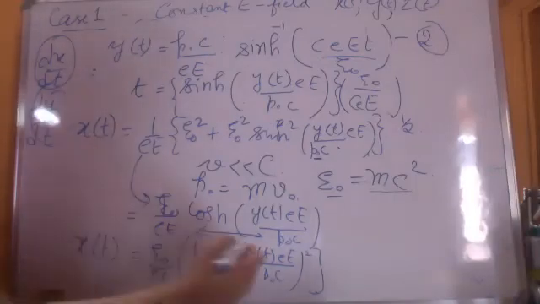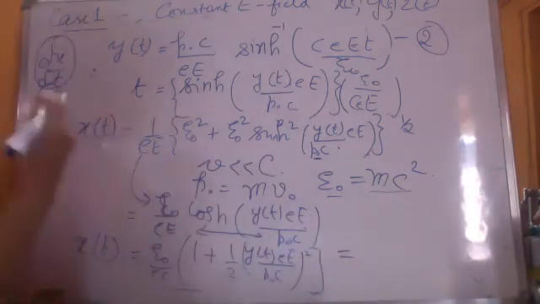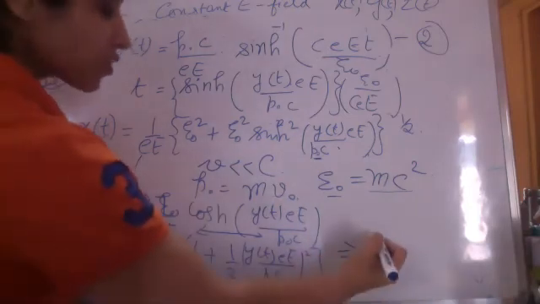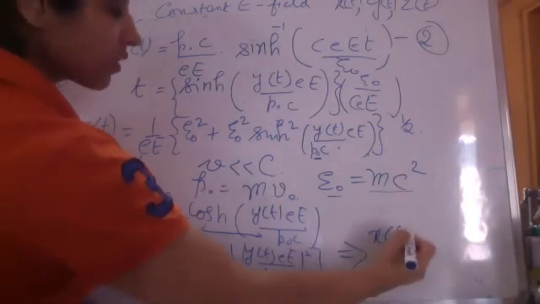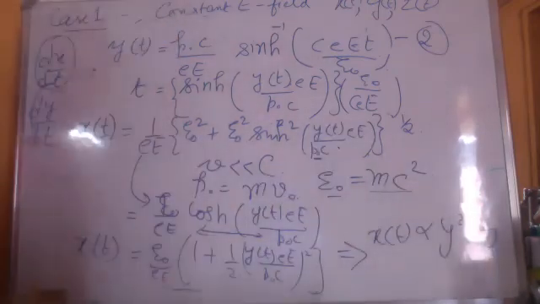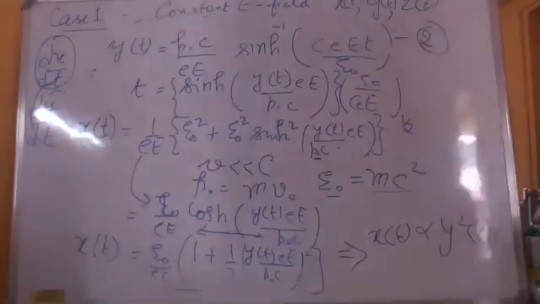So this is some constant. I can always ignore this constant for the time being, but what is important to see is the variation, the relation between x and y. And what kind of curve does this look like?